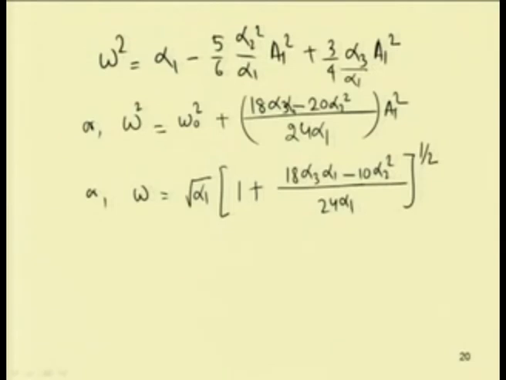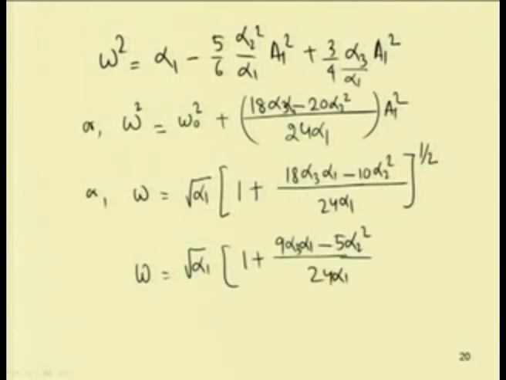As this parameter is small, expanding it in binomial form, one can write omega equal to root over alpha 1 into 1 plus half into 18 alpha 3 alpha 1 minus 10 alpha 2 square by 24 alpha 1. So, this can be written as 9 alpha 3 alpha 1 minus 5 alpha 2 square by 24 alpha 1.